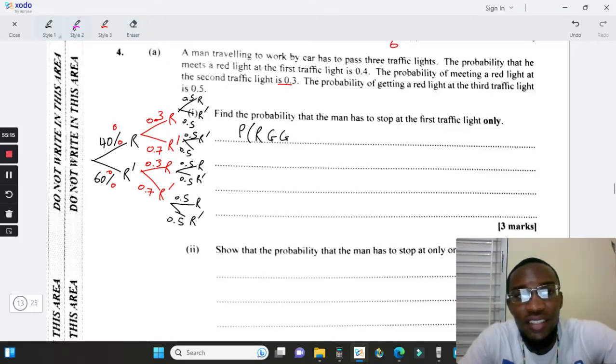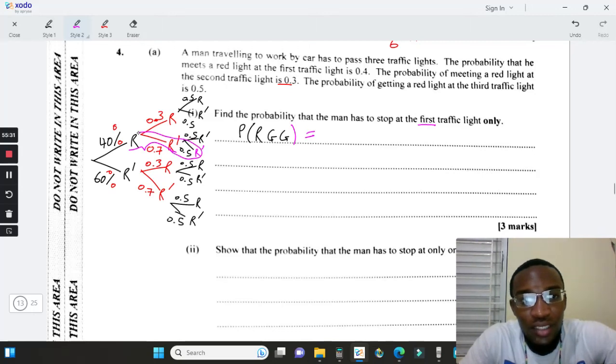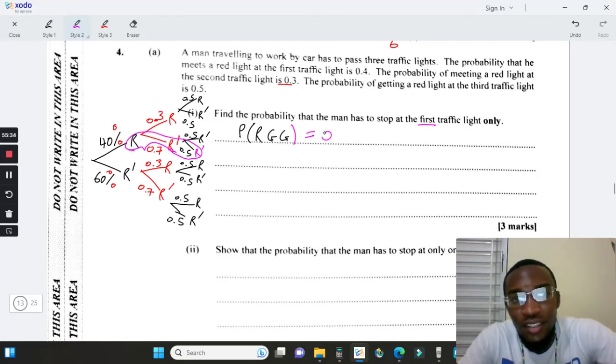So he goes red, then not red, then not red. This is the route that he would go. So it is 40% times, these are independent events, so times 70% times 50%.